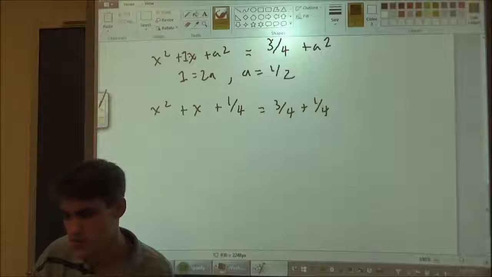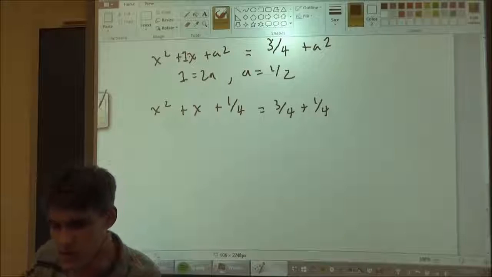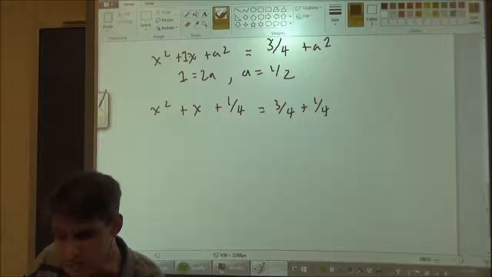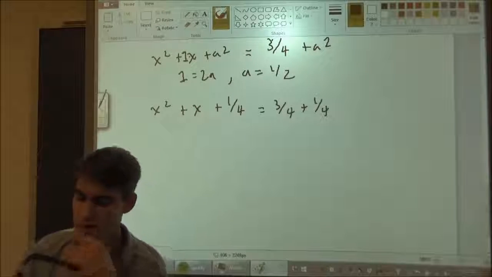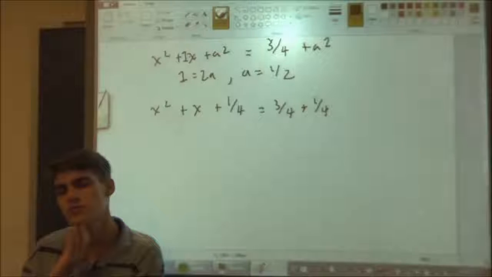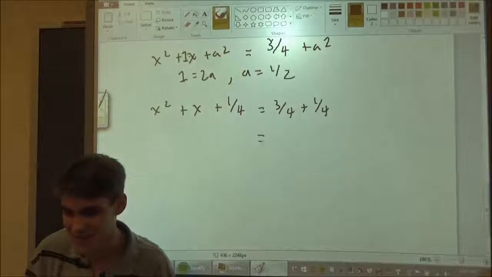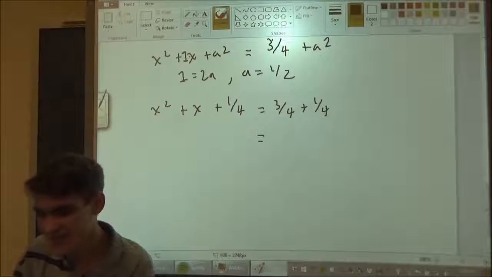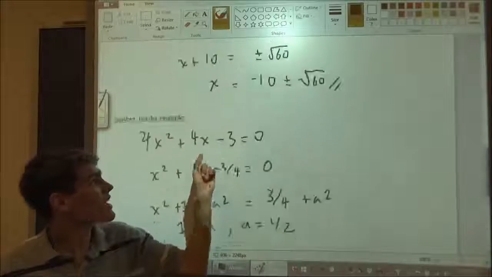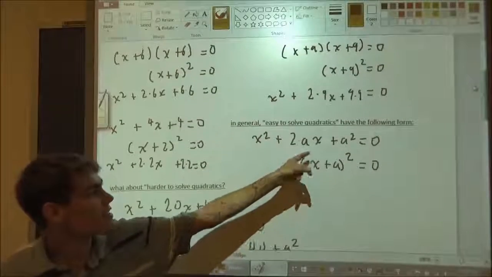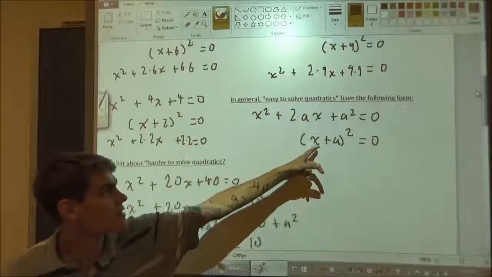Well, this side's going to work out nicely, but you're not really sure how to factor this, or I think it's factoring. No, distributing? Yeah, no, you're factoring a quadratic. But look, even though this is hard to solve, we already have this property. Look, anytime we have an easy to solve quadratic, we can rewrite it as this with a.